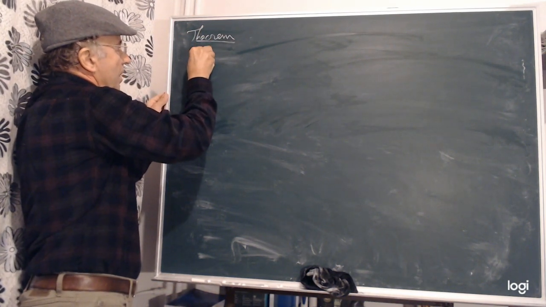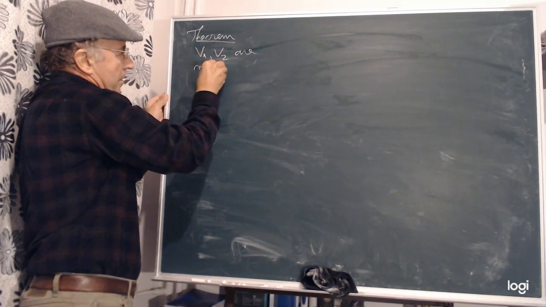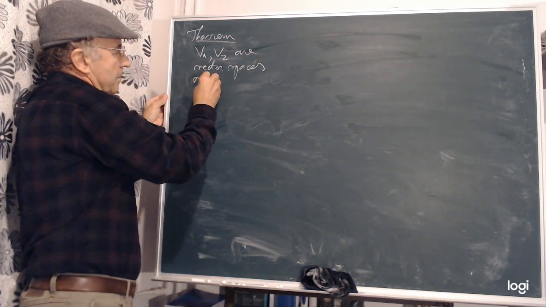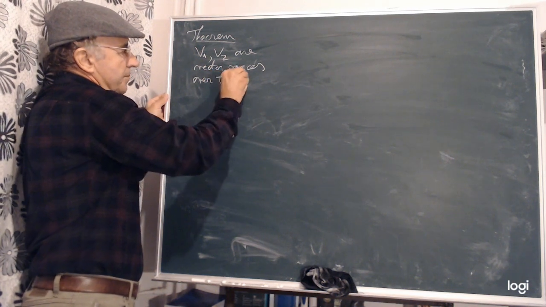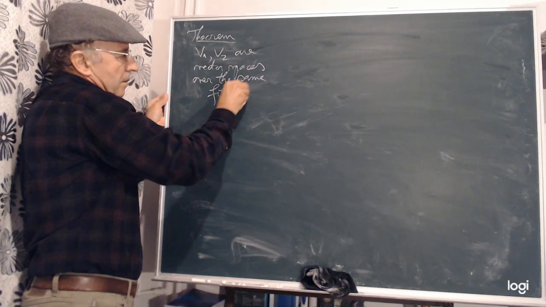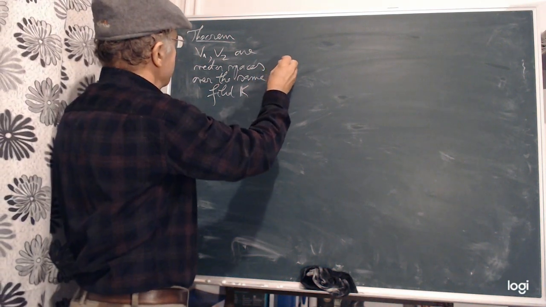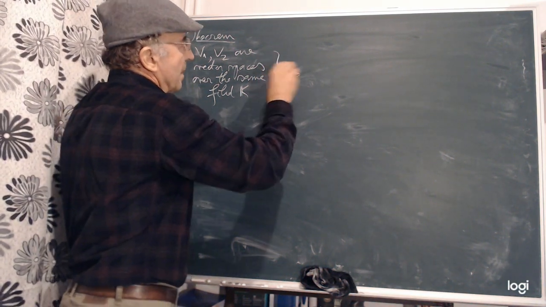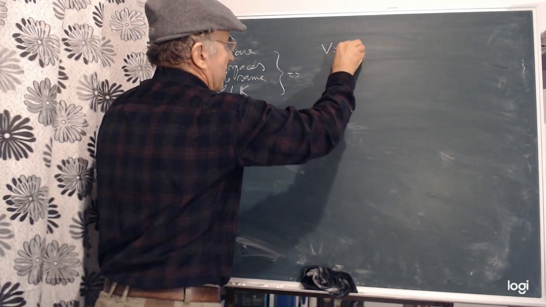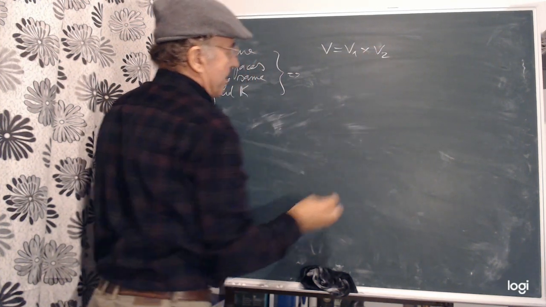If V1, V2 are vector spaces over the same field K, both real or both complex vector spaces, then we get the vector space V1 times V2, the Cartesian product.